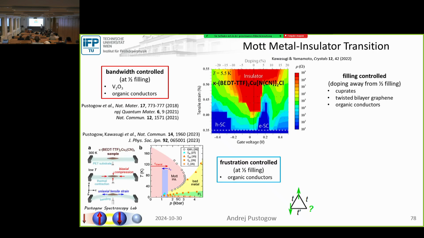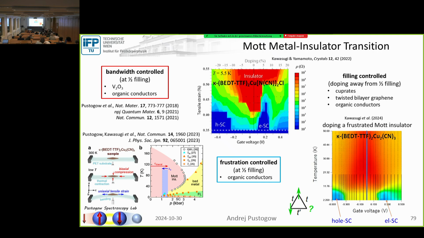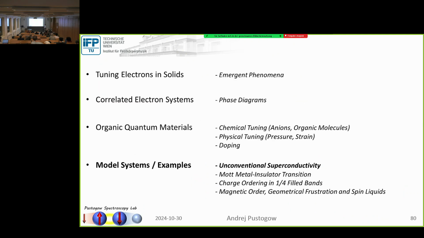And another thing is there are many organic materials which are close to a triangular lattice, so you can really study frustration effects in the organics, which in cuprates on the other hand is not possible. And here we recently doped the frustrated Mott insulator together with Kawasugi-san. So this is a triangular lattice material, this is a square lattice material under doping.